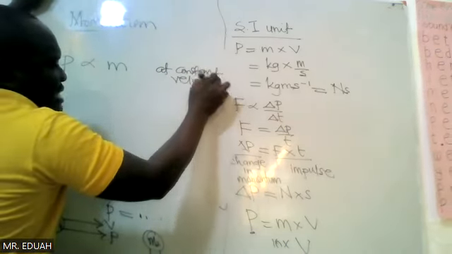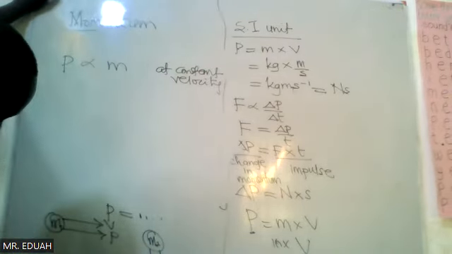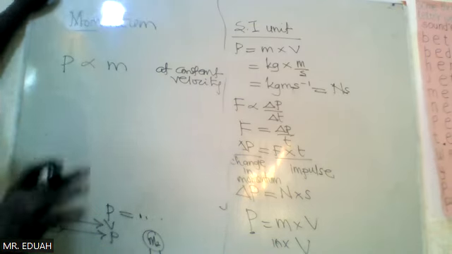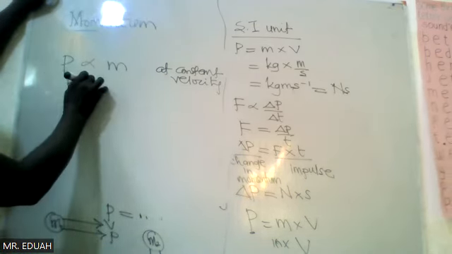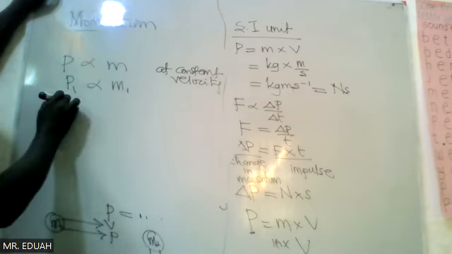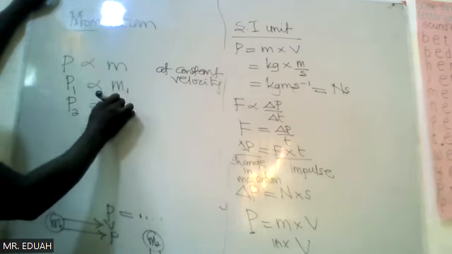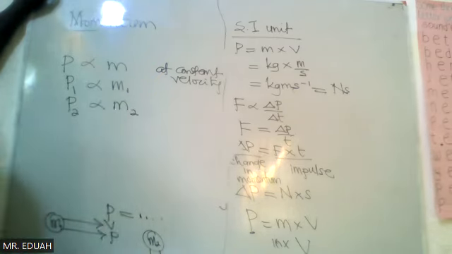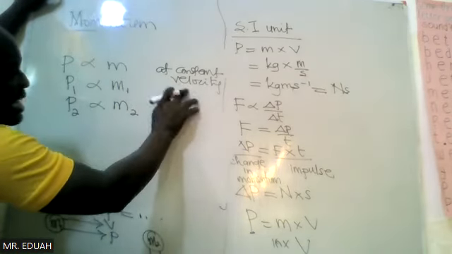So for two different masses, the momentum of the first is directly proportional to m1, and the momentum of the second is directly proportional to the second mass, on condition that velocity is kept constant.